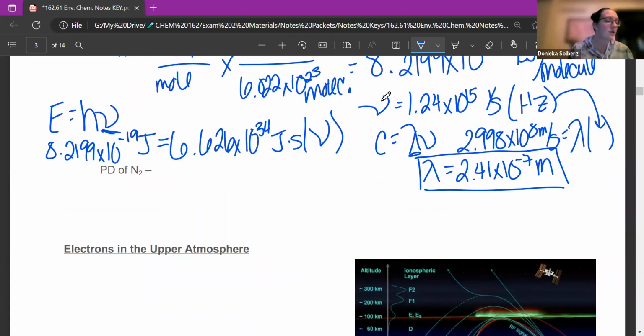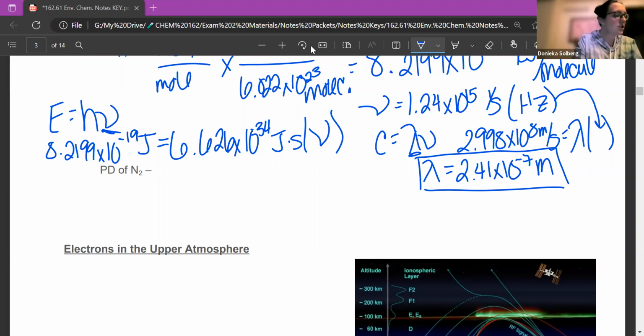Now, if I did this for the photodissociation of nitrogen, that will only happen with a very high energy bond. So if I did the same calculation, but instead used the number for nitrogen, I would find that I need much higher energy. So it's much more unlikely to happen for nitrogen because the wavelength is going to have to be way shorter and way more energetic.